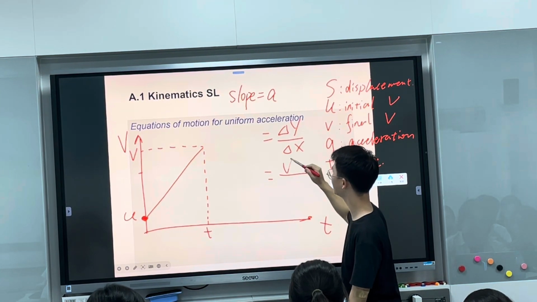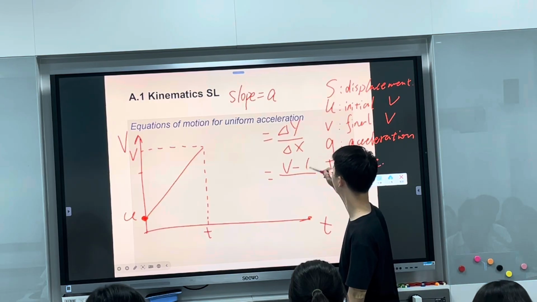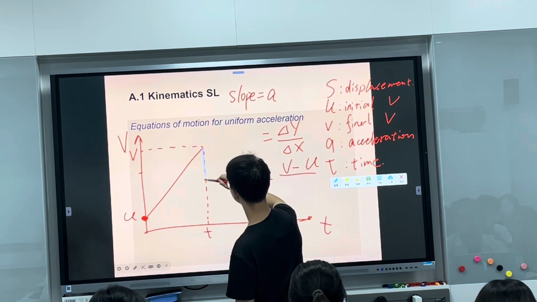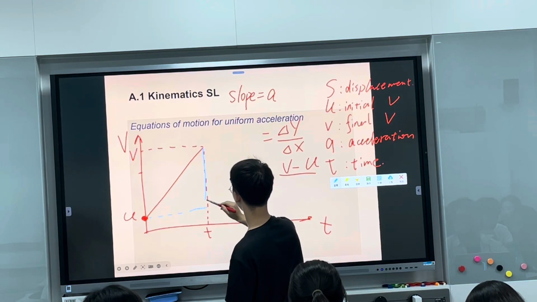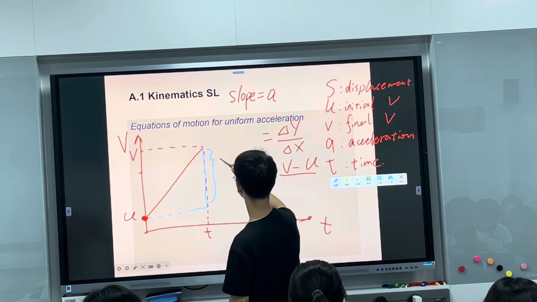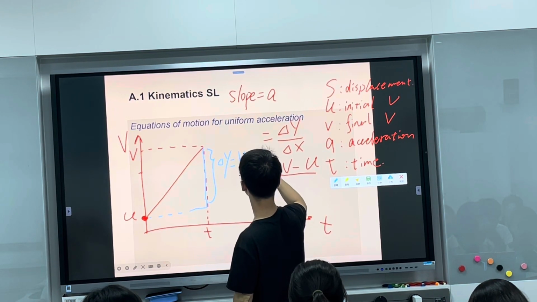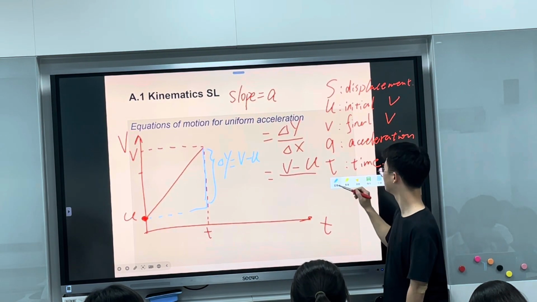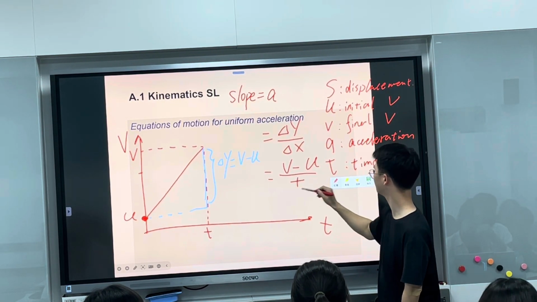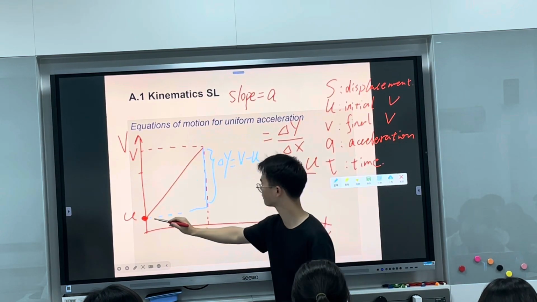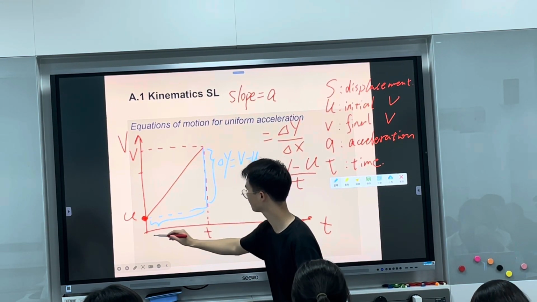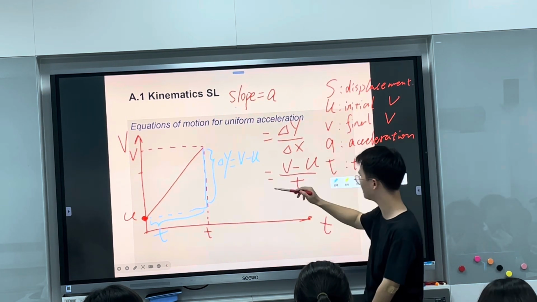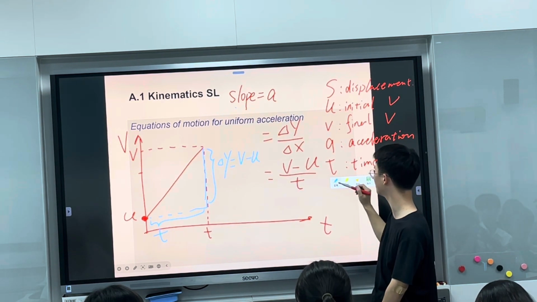V minus u, right? That's our delta y. V minus u. Make sense? What is our delta x? T. So you see, we finally get slope equal to a equal to v minus u over t.